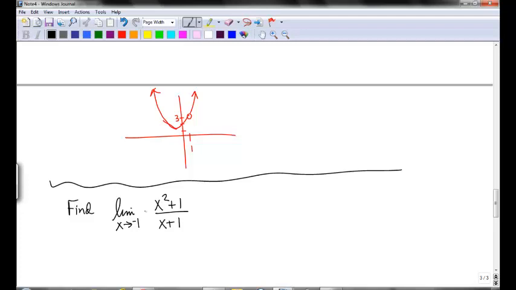Okay, and you got to know to do this. Okay, so x squared plus 1 divided by, put parentheses around the x plus 1, and zoom 6. Okay, at x equals -1, is it an open circle?